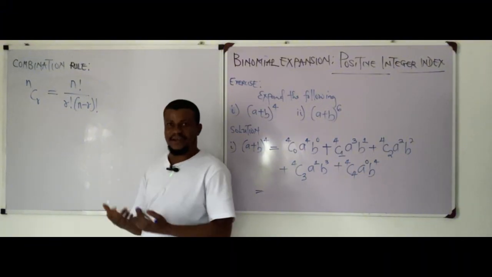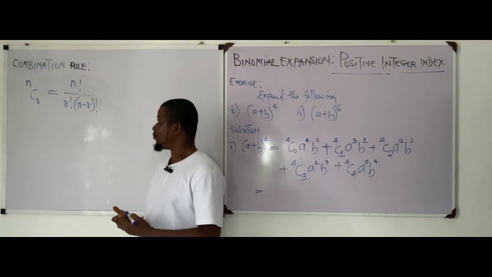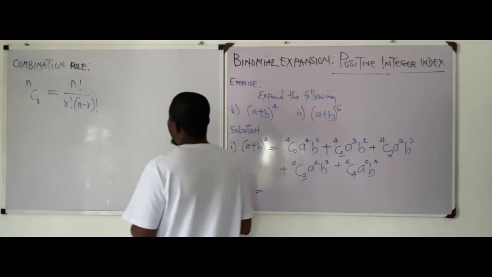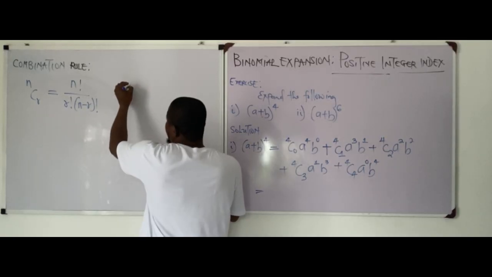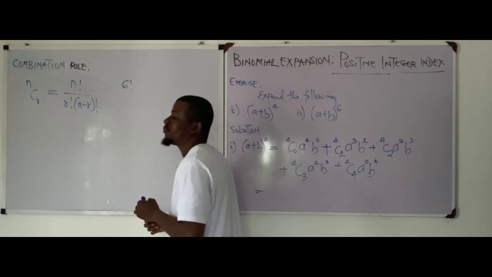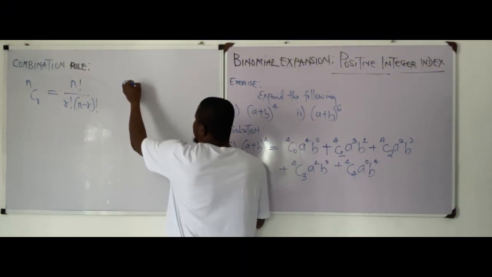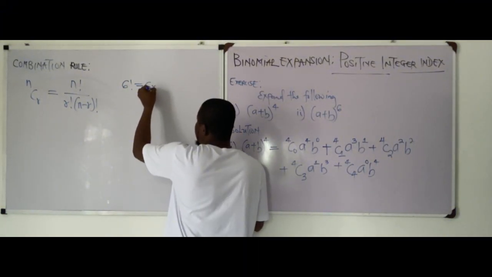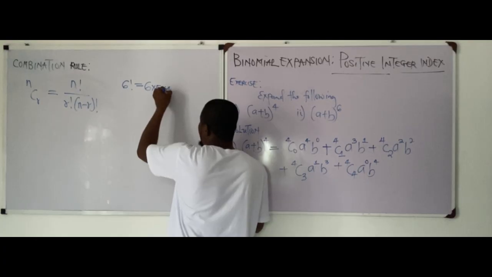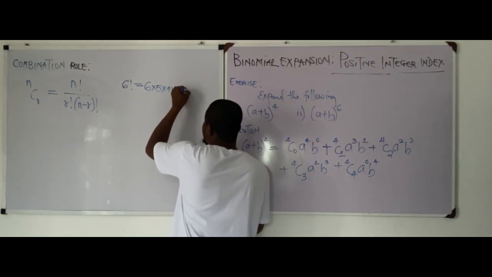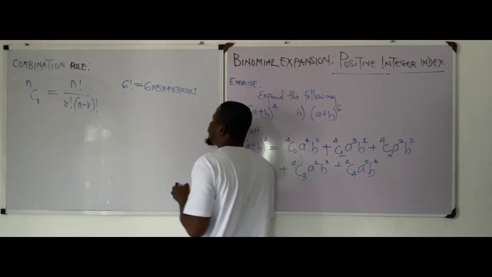Now, what is factorial? What is the concept of factorial? If you have 6 factorial, this simply means 6 times 5 times 4 times 3 times 2 times 1.